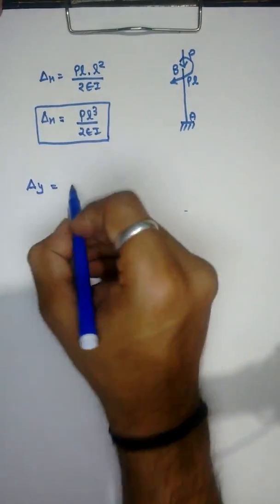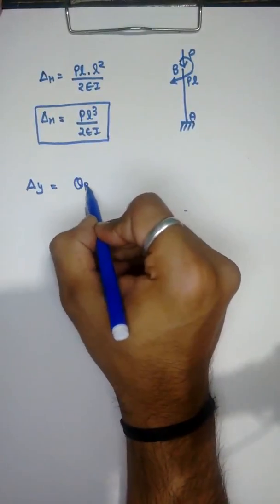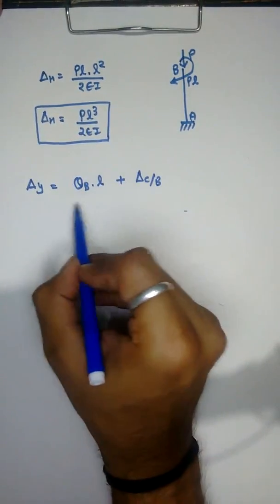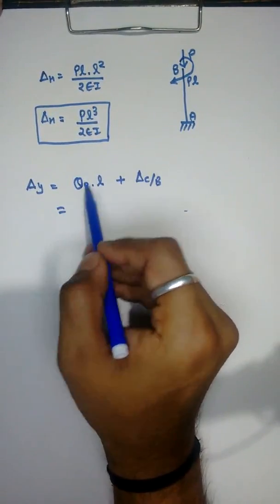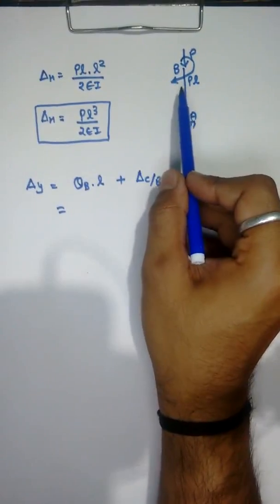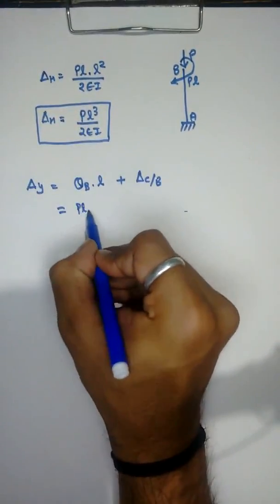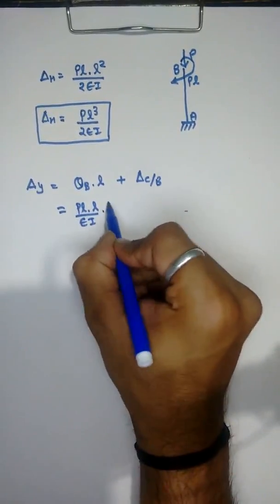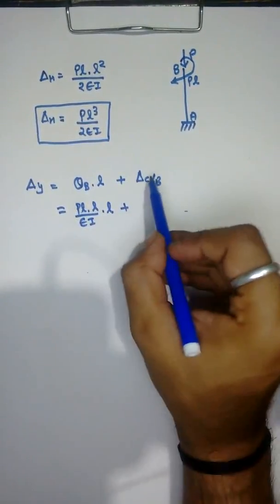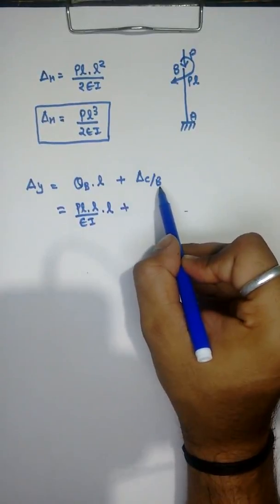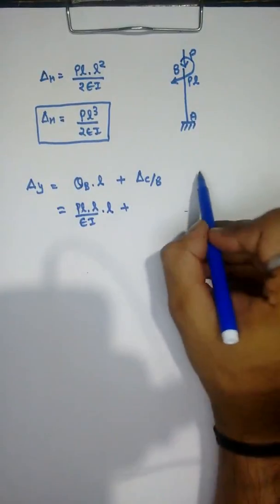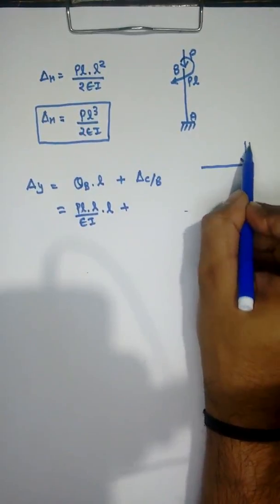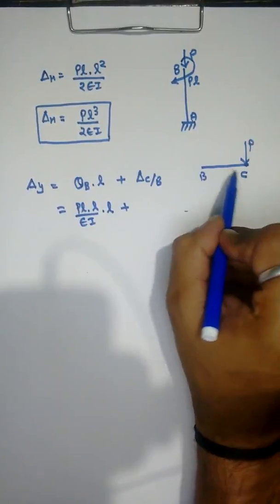Delta Y value is theta B into L plus delta C with respect to B. So theta B is due to moment M, which is ML upon EI, ML upon EI into L. Delta C with respect to B is due to point load P. This is the region member BC.